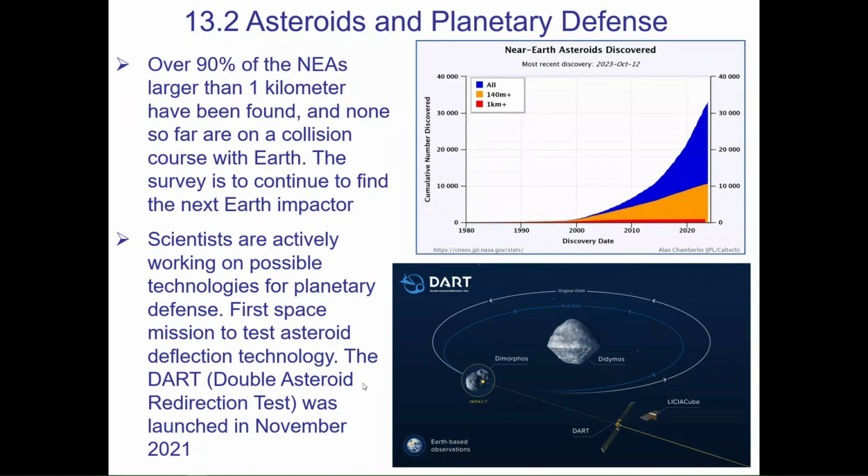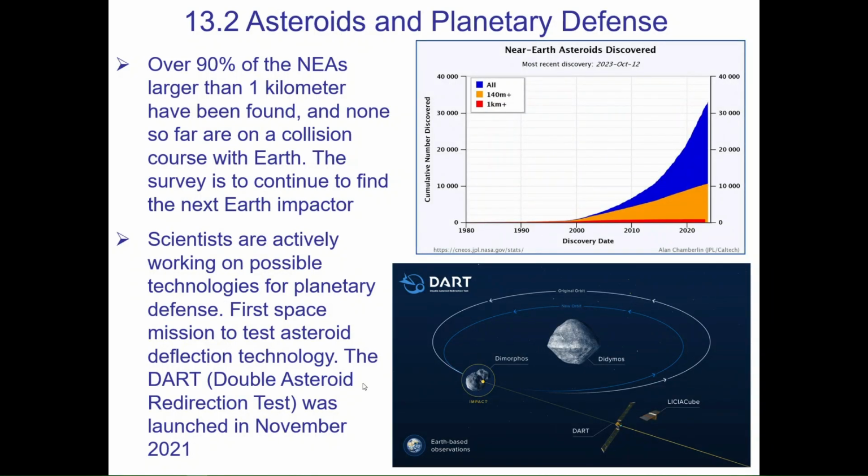If we can discover the Earth-heading asteroid early, for example several years ahead, and we employ this deflection effort to let a spacecraft crash on it, the asteroid will most likely miss the Earth entirely. So this means we can avoid the big impact.